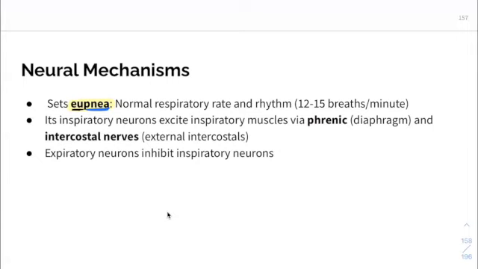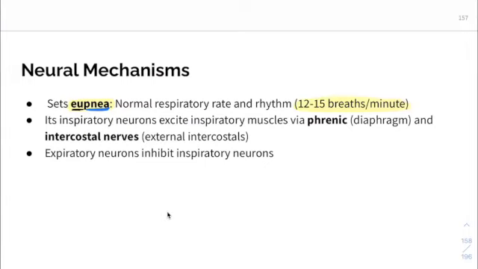And as I said last week, we normally take 12 to 15 breaths per minute, something we cannot really control. I mean, you can control it, but you can't really test your own rate because then you're too conscious of what you're doing, and you usually get either more or a whole lot less.